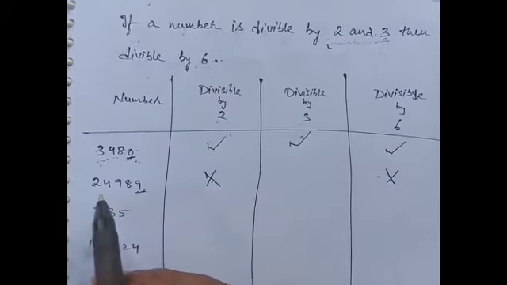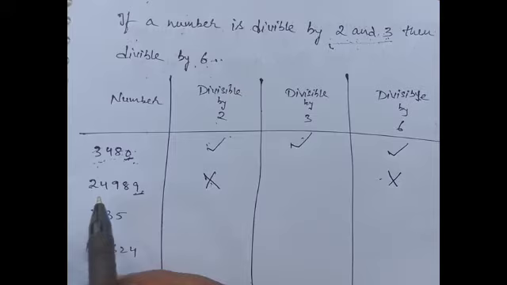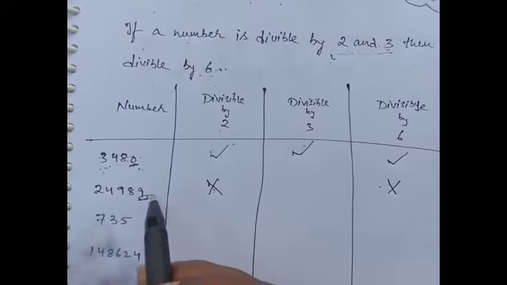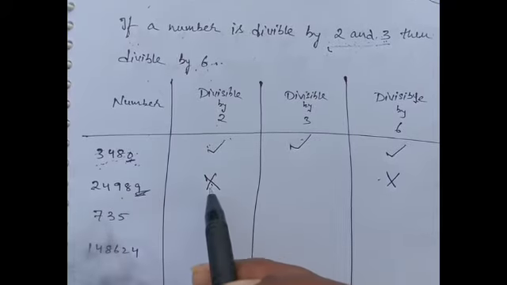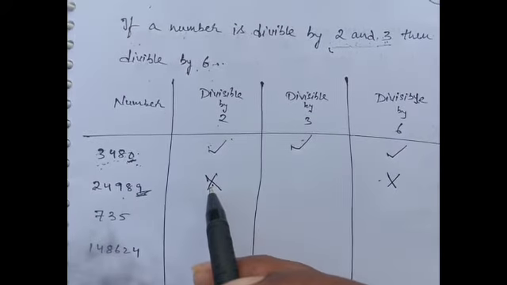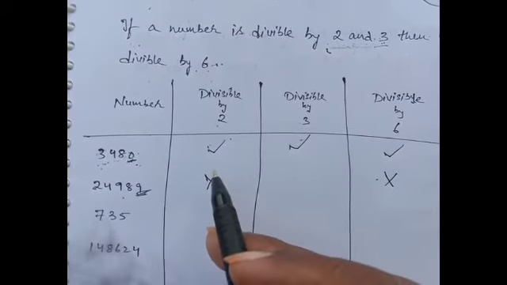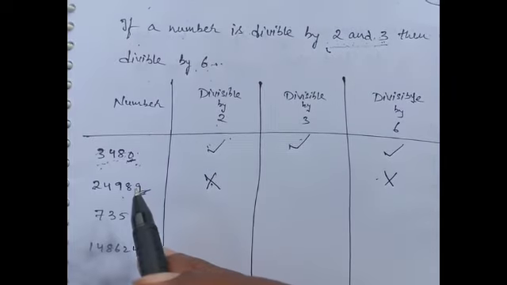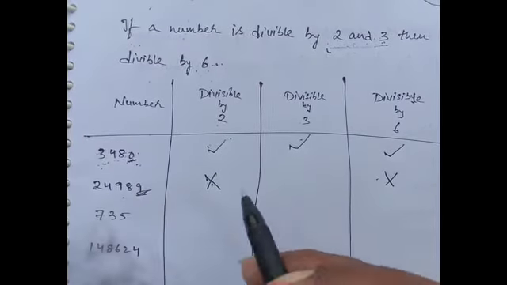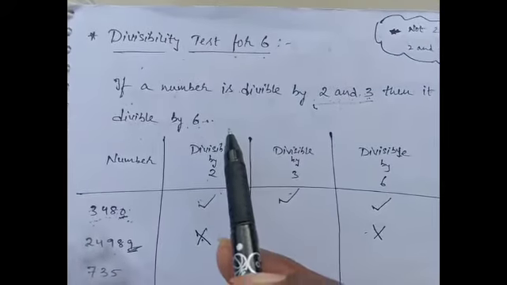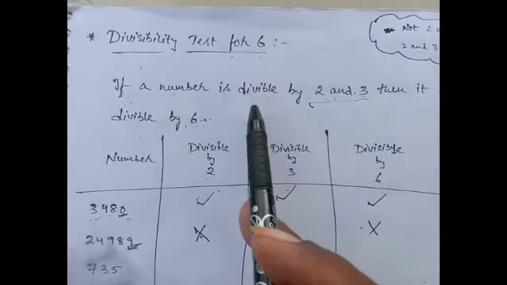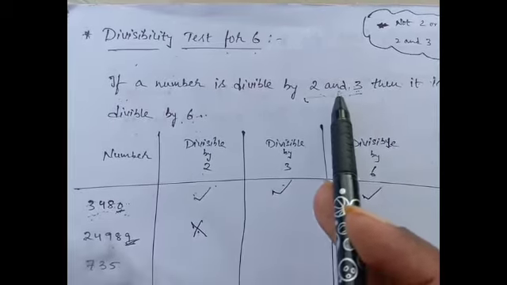Like that, then another number 24989. The unit digit of this number is 9. We can directly say that this number is not divisible by 2. We can directly say that the number 24989 is not divisible by 6, as the rule for the divisibility test of 6 is that the number should be divisible by both 2 and 3.